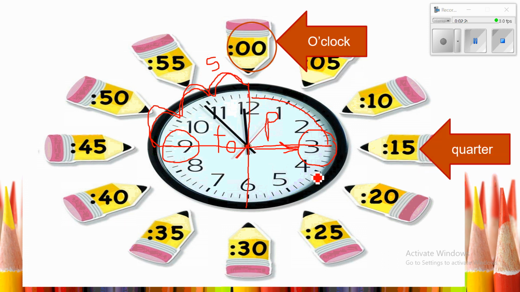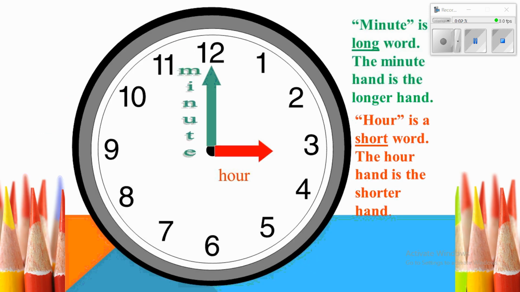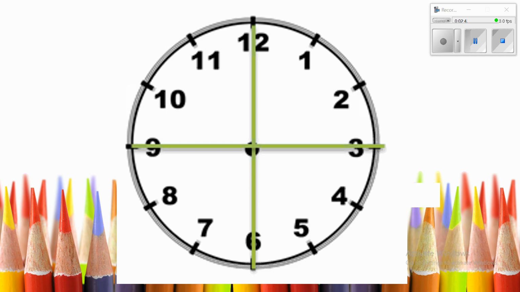Let's see again. So here is a clock, when the minute hand is on a clock. Here is a quarter, and here is half. Here is the minute hand, which is long with the long word, and the hour hand, which is short with the short word. Let's remember again. Here is my clock, the analog clock.